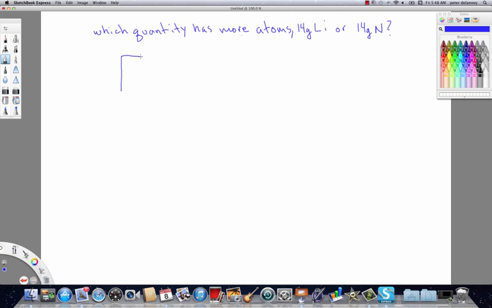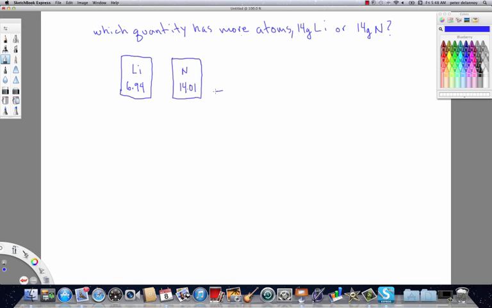Now, the way to answer this question, if you understand the mole, is literally just to look at the periodic table. And we see when we look at lithium that its molar mass is 6.94. And when we compare that to the molar mass of nitrogen, we see its molar mass is 14.01.